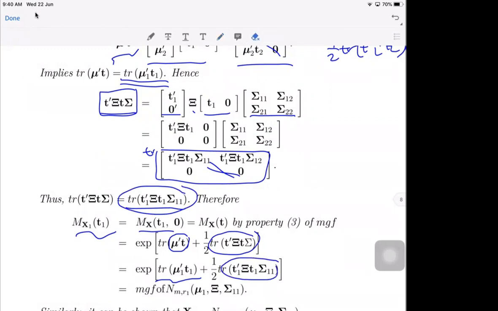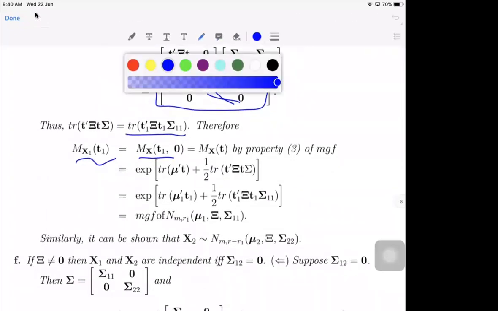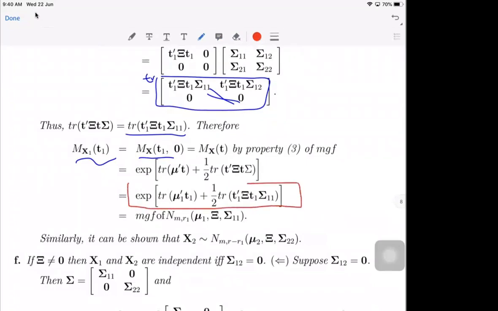But looking at it, if you scrutinize it, this is actually a moment generating function of a normal distribution with a mean equal to mu 1 and covariance of psi and sigma 1, 1.